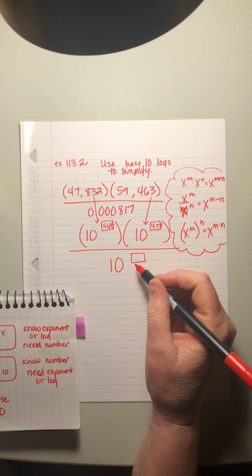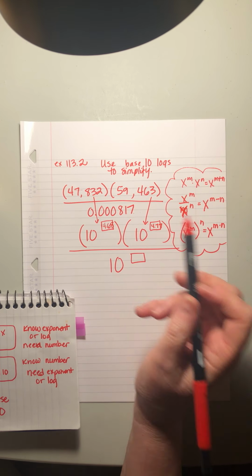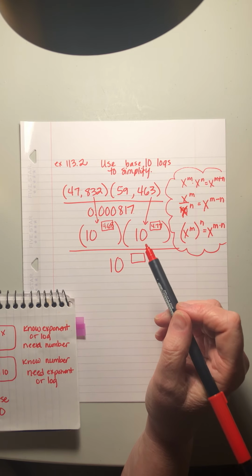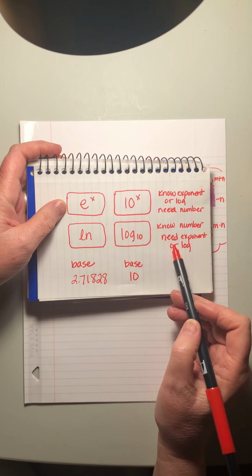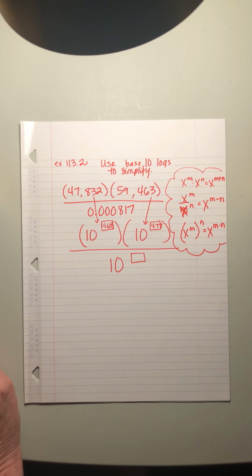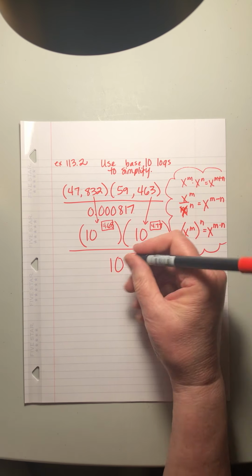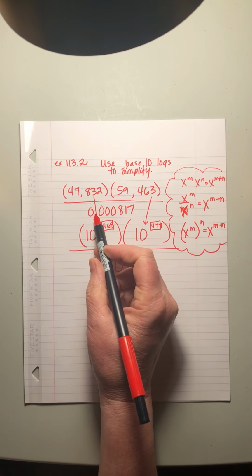And then I enter 0.000817, hit the very same button. I know the number, I need the exponent, and that gives me minus 3.09. Makes sense that it's minus because that's a decimal number, right?